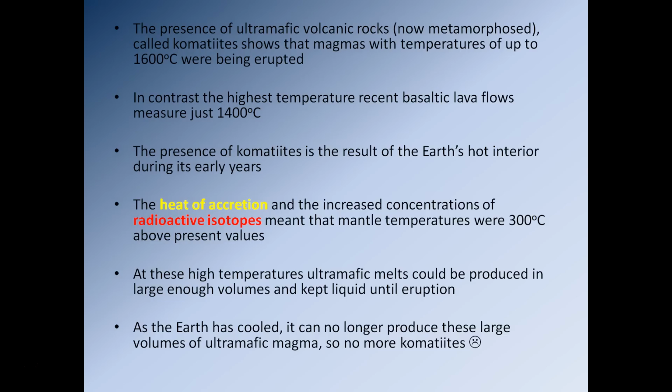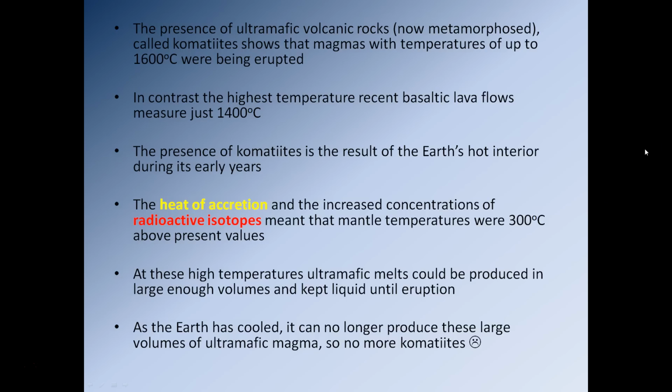So the Earth's mantle at that time was exceptionally hot, and that meant that the Earth's mantle could melt in quite large volumes, because obviously the Earth's interior was hotter because we had more heat from the heat of accretion and more radioactive isotopes. So it meant that mantle temperatures were about 300 Celsius higher than the present day.